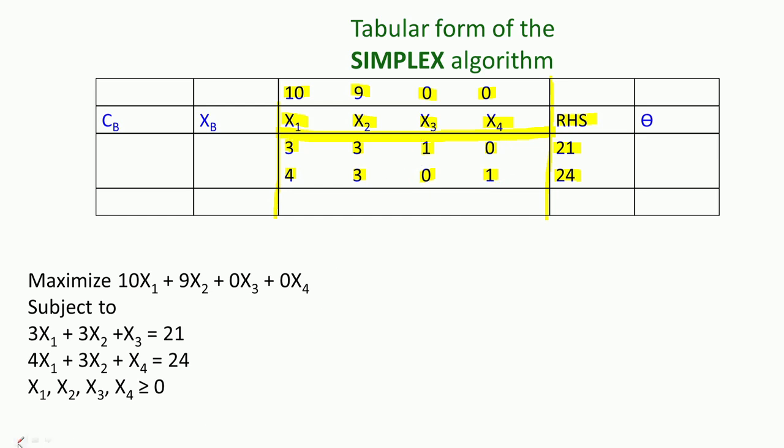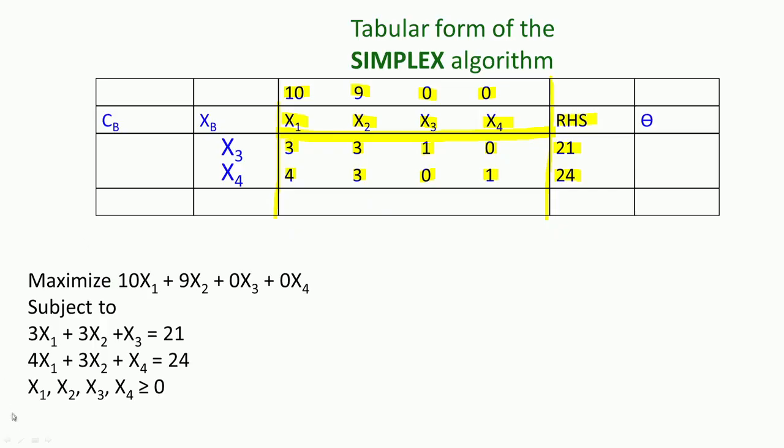So, we begin with x3 and x4 as the starting basic variables. I am writing x3 and x4 here under a heading called xB, which represents the set of basic variables. We extend this line, draw this line, and say x3 and x4 are the basic variables.